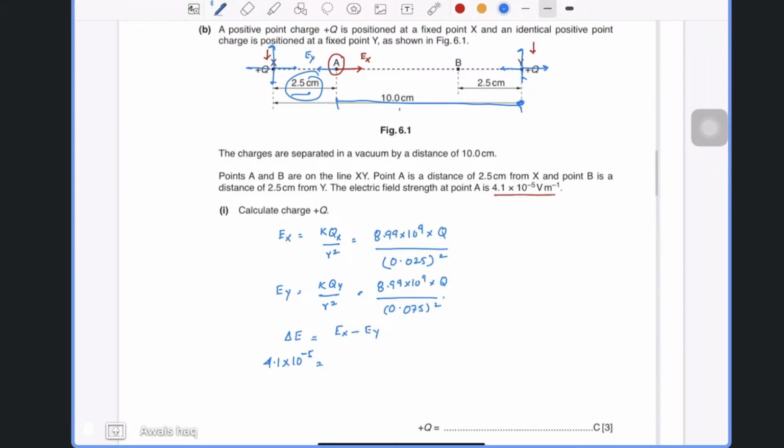So we're going to write 8.99 times 10 raised to power 9 times charge divided by 0.025 whole square, minus 8.99 times 10 raised to power 9 times charge divided by 0.075 whole square. Now the question is, you solve this and find Q, please.